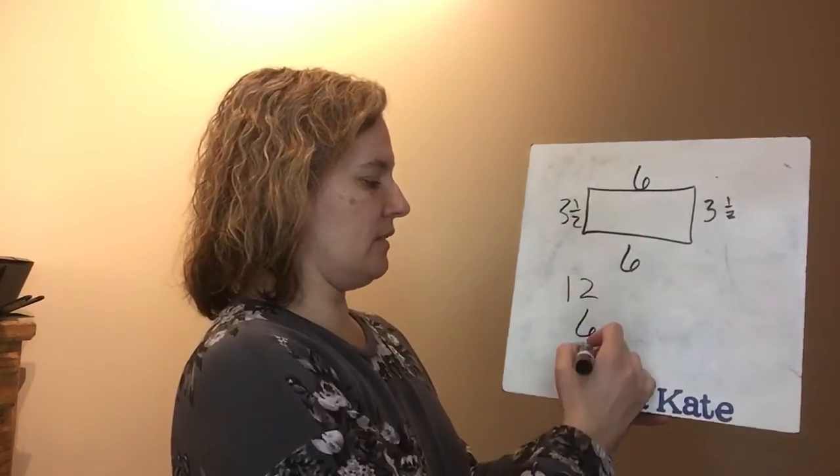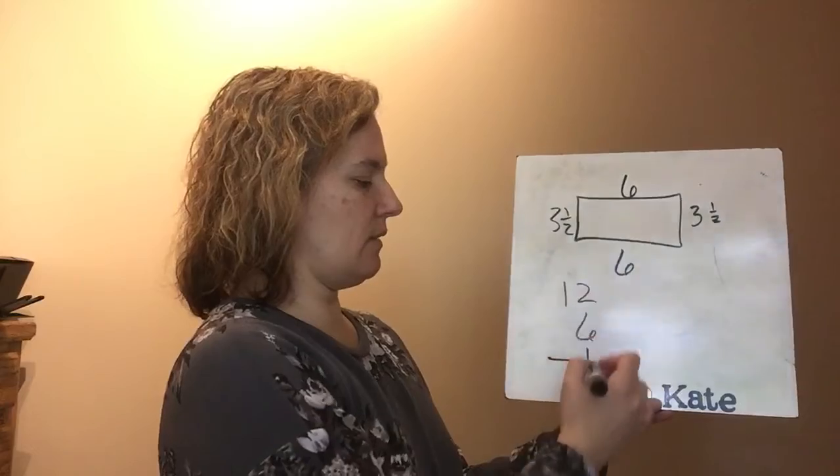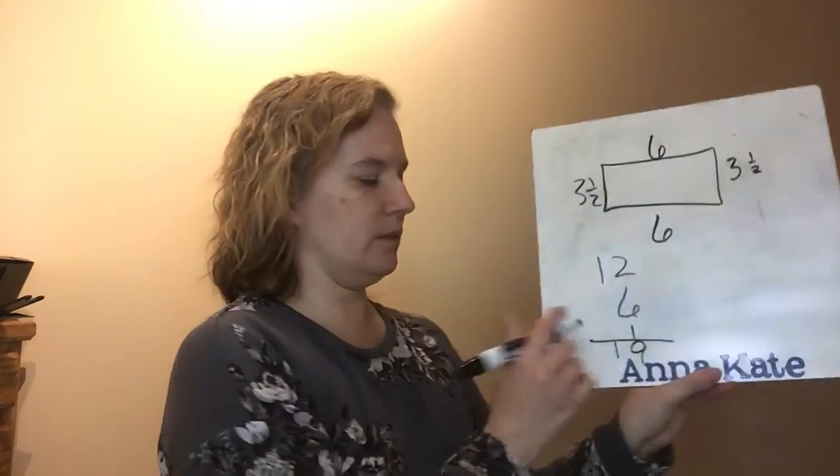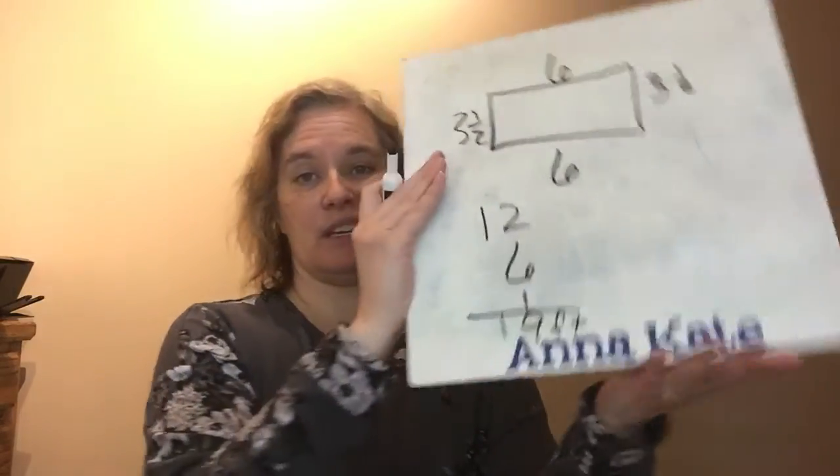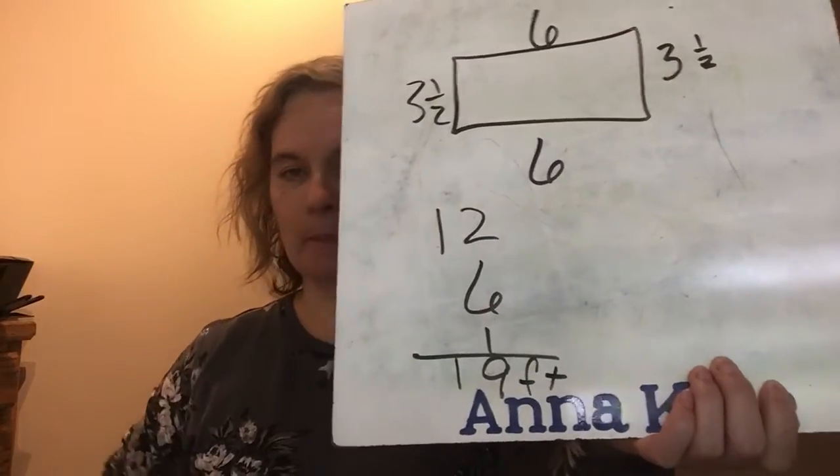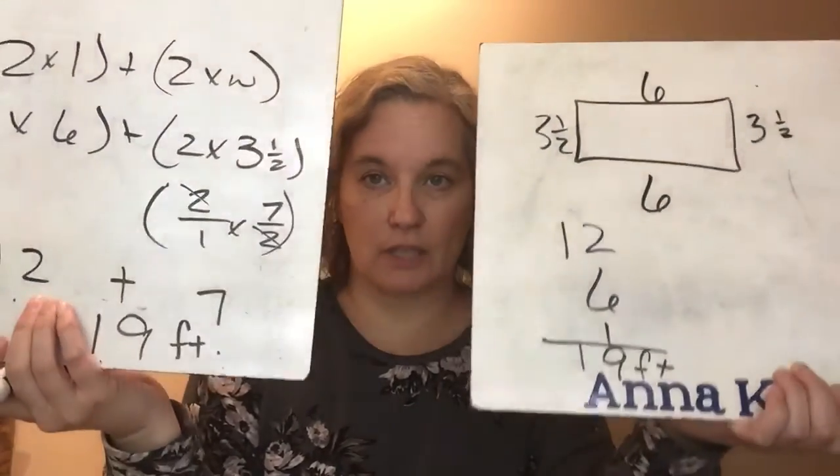And a half gives me 1. 6, 7, 8, 9, 1. I would have done it that way. Got the same answers either way. It doesn't matter. If you want to change them to inches, you can change them to inches and then add them up.